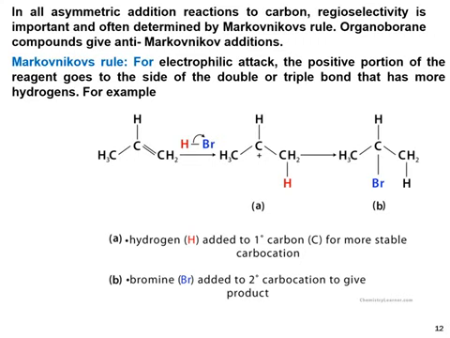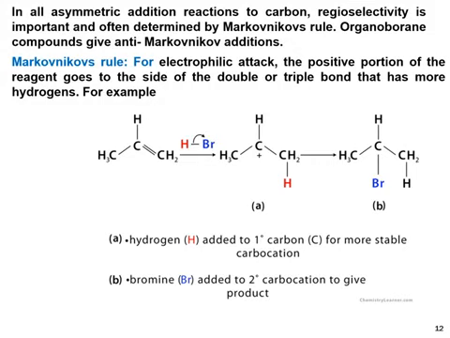The hydrogen of HBr can go on either side, but if H goes to the carbon that already has the greater number of hydrogens, then it gives the secondary carbocation. If it attaches to the carbon which already has fewer hydrogens, then it gives the primary carbocation.